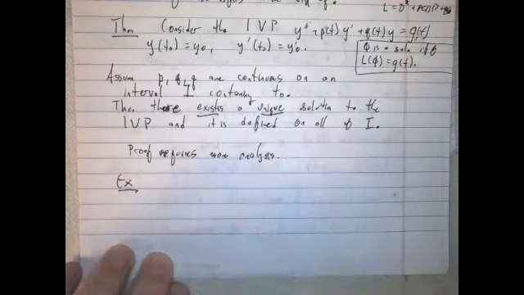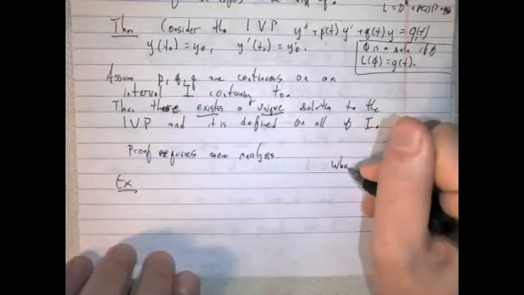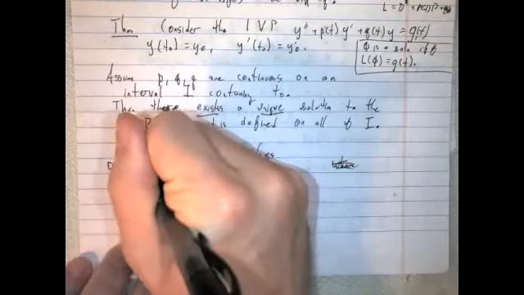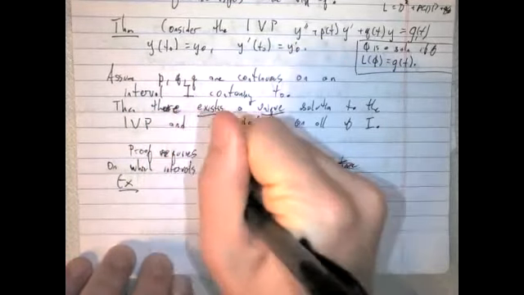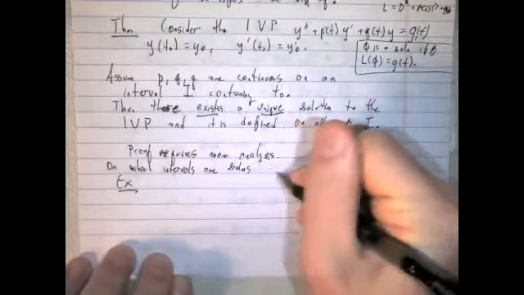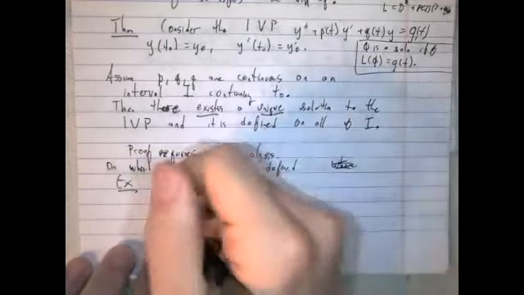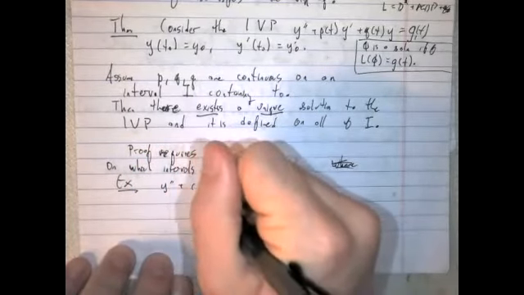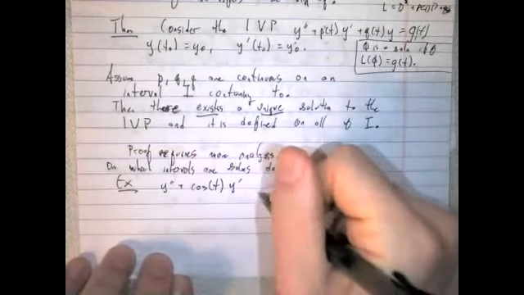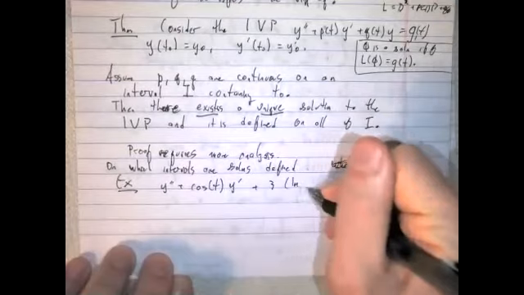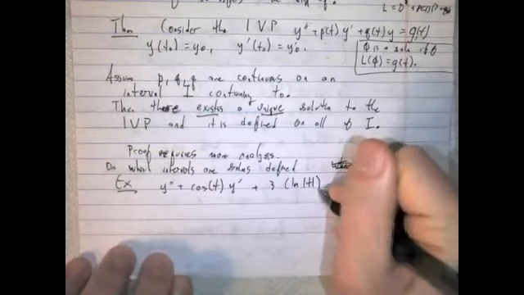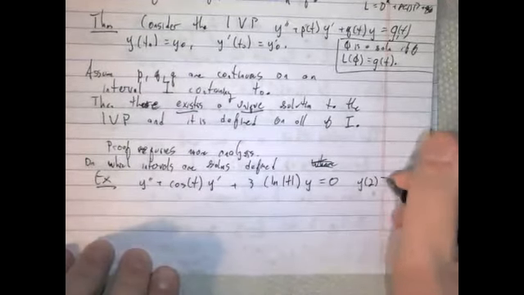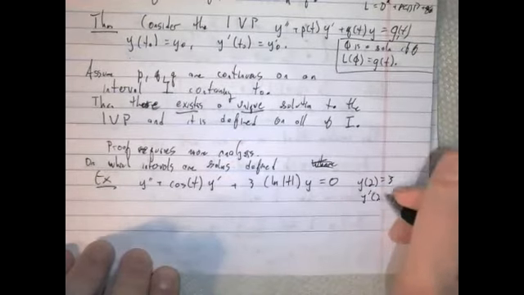Let's try some exercises: on which intervals are solutions defined for the following IVPs. Let's first consider y double prime plus cosine of t y prime plus 3 natural log of the absolute value of t y equals 0, with the IVP y of 2 equals 3 and y prime of 2 equals 1.